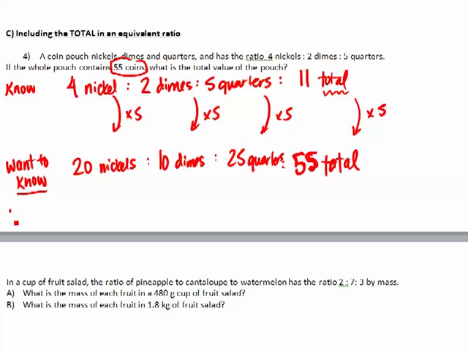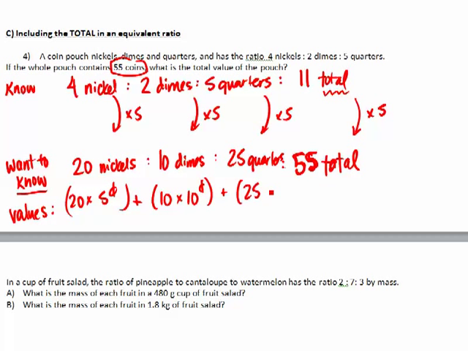So the value of each of these coins, 20 nickels is 20 times 5 cents. Plus, I'll put it in brackets just so that we can see it clearly, 10 dimes is 10 times 10 cents, and 25 quarters is 25 times 25 cents.